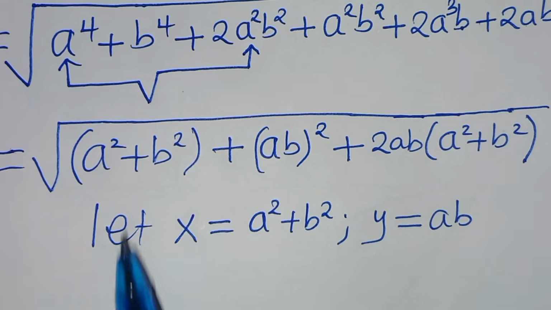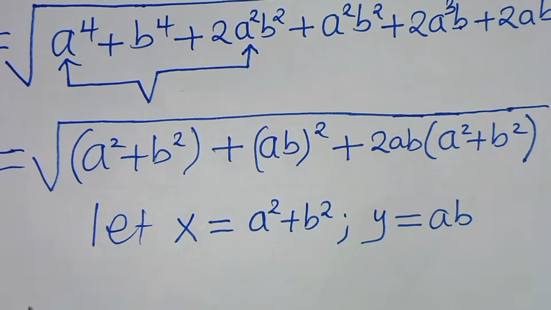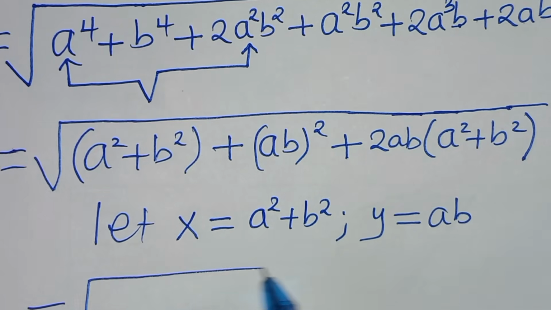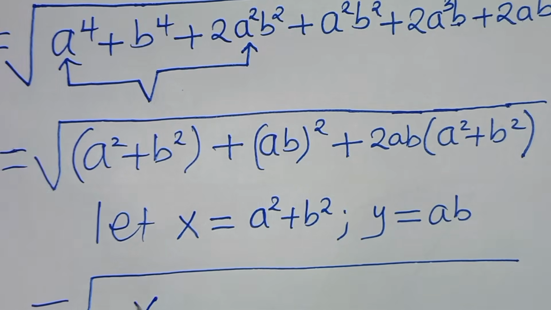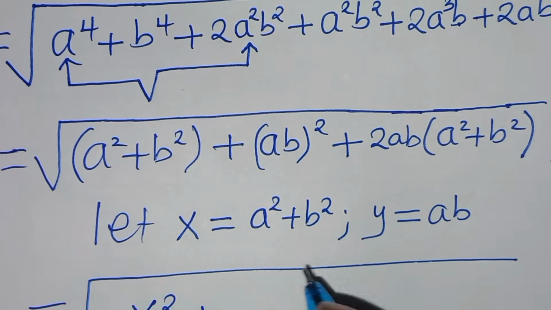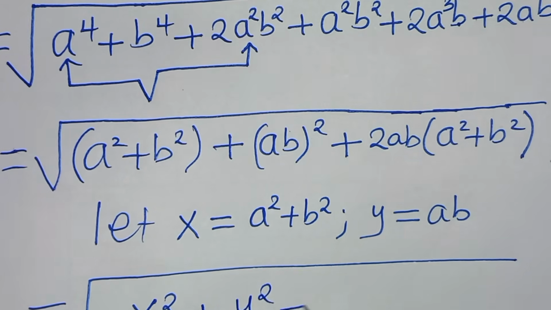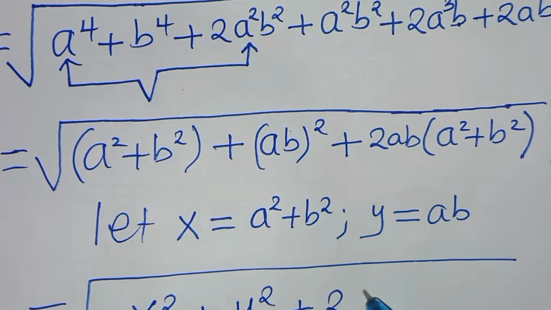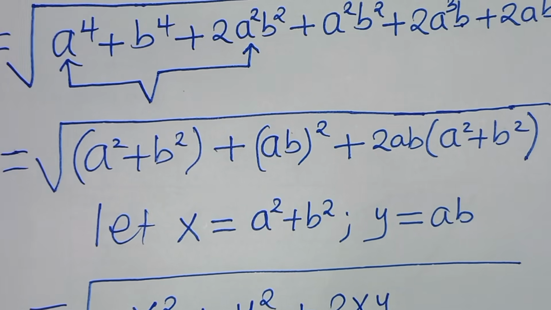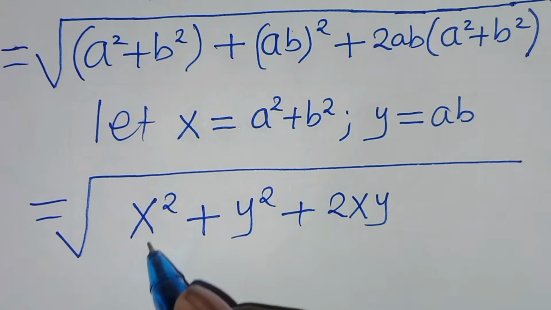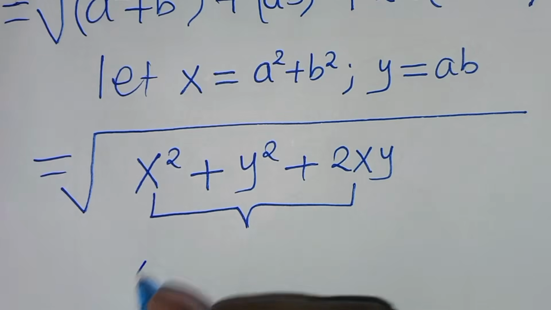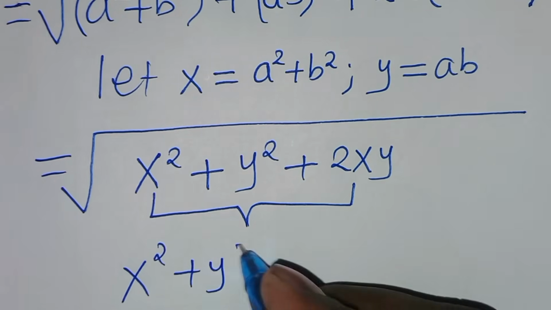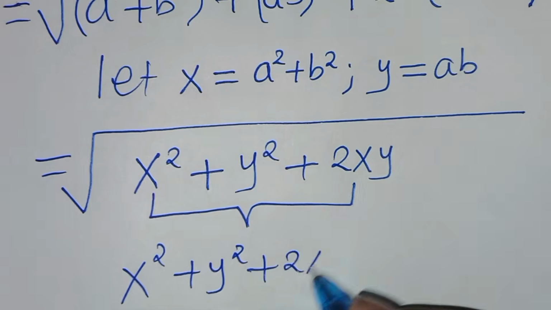So this implies that we can substitute this back into the equation, and therefore you'll have the square root of x squared plus y squared plus 2xy.